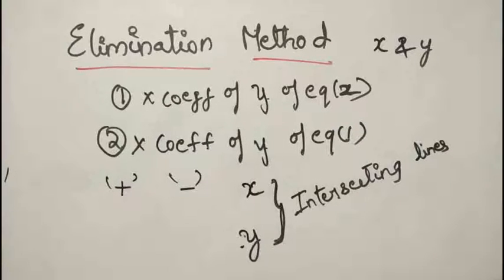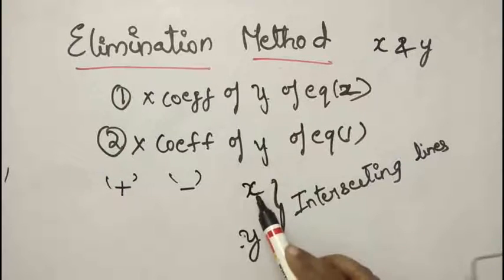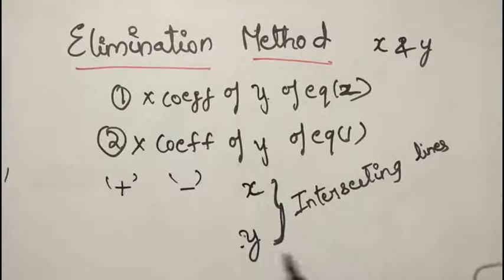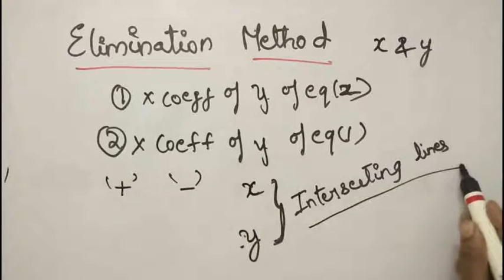As we studied in the substitution method, the same conditions you will observe after solving the equations using the elimination method. In case of intersecting lines, you will get the values of x and y, whether you use the coefficient of x or the coefficient of y, because intersecting lines have a unique solution.